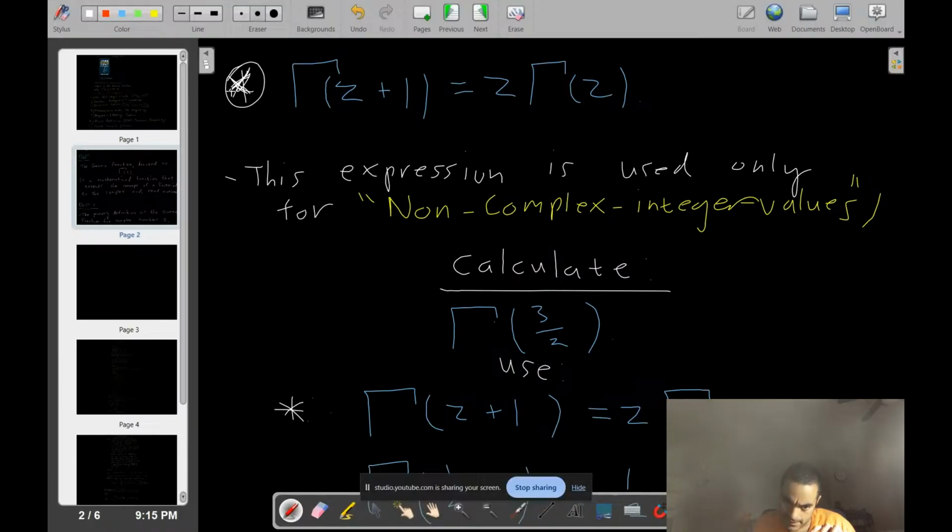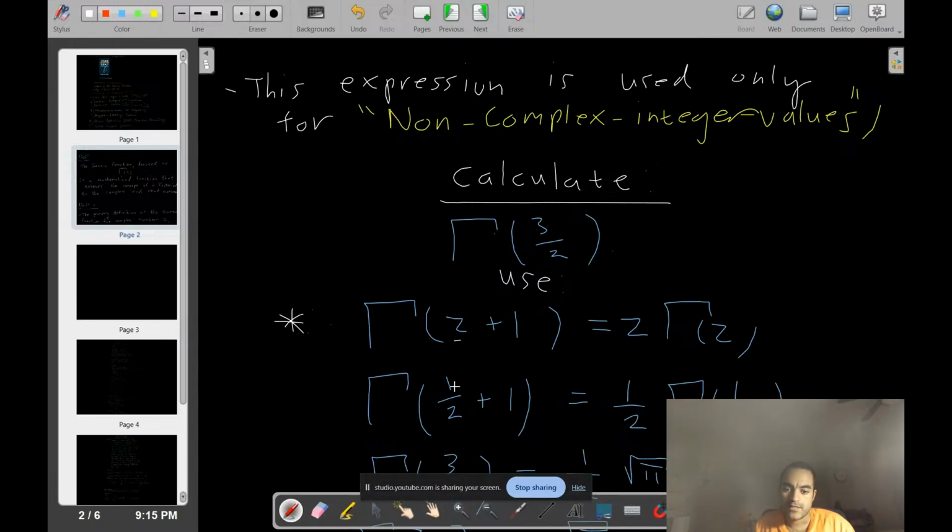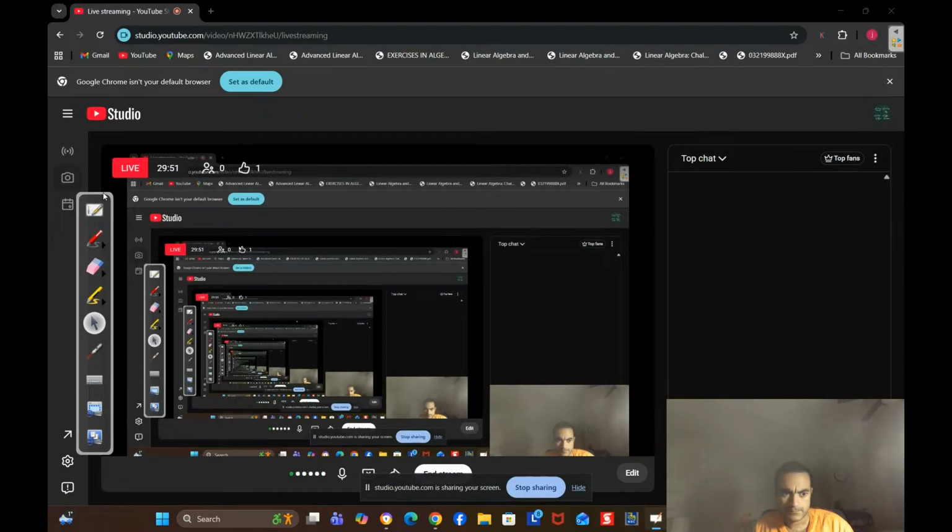But z is not 3/2 here. Z is 1/2, because if z is 1/2, then 1/2 plus 1 gives you 3/2, using a common denominator. That's why z has to be 1/2. On the right side of the formula, we have z times gamma of z, so with z as 1/2, it is 1/2 times gamma of 1/2.